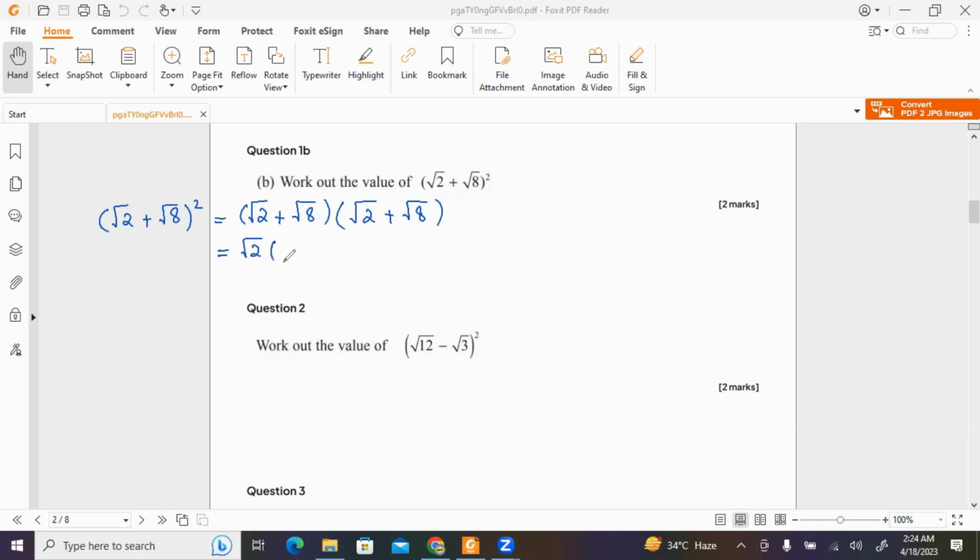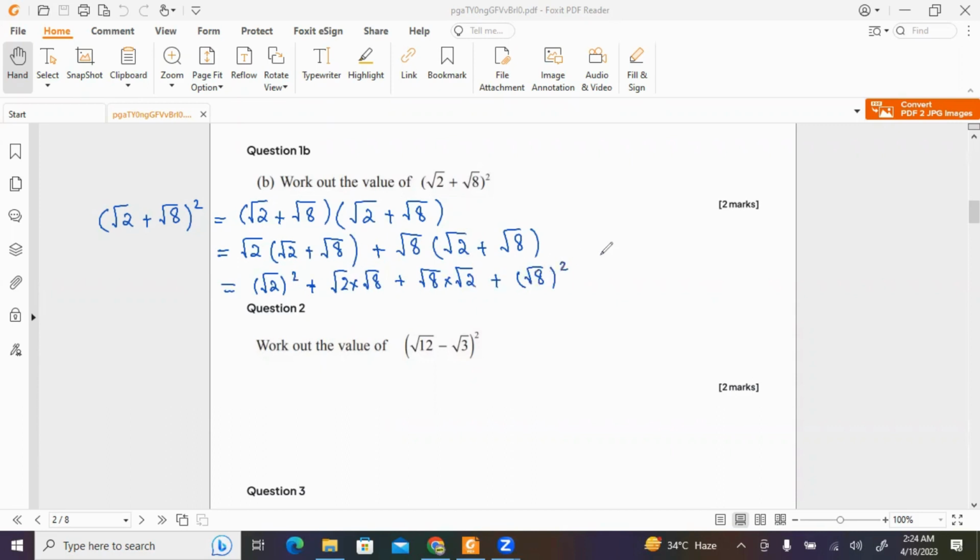So root 2 gets multiplied with root 2 plus root 8, and similarly root 8 gets multiplied to root 2 plus root 8. That's going to be square of root 2 plus root 2 times root 8. Similarly, root 8 times root 2 and plus root 8 whole square.